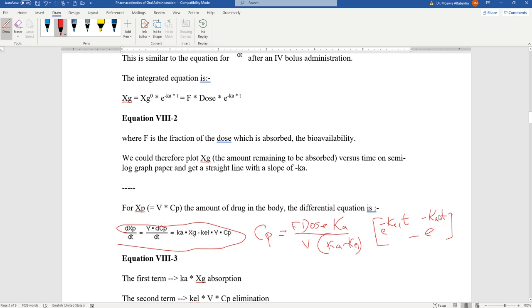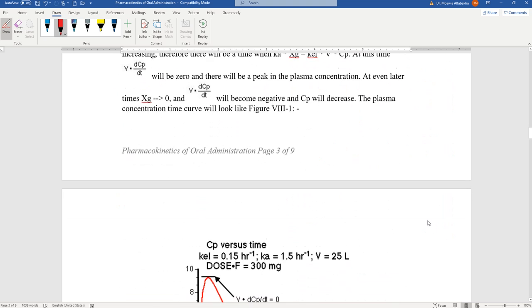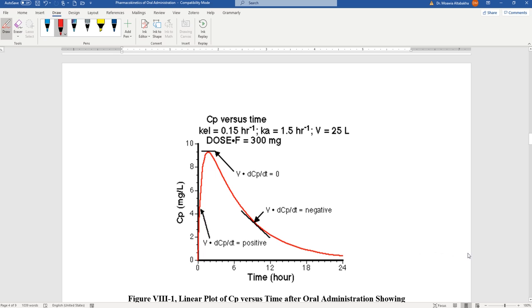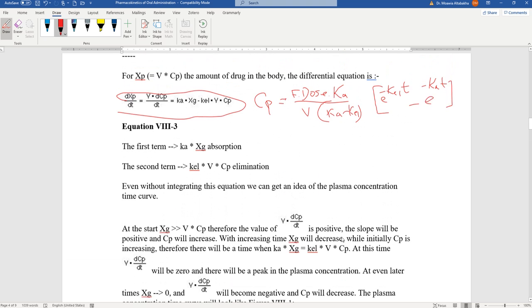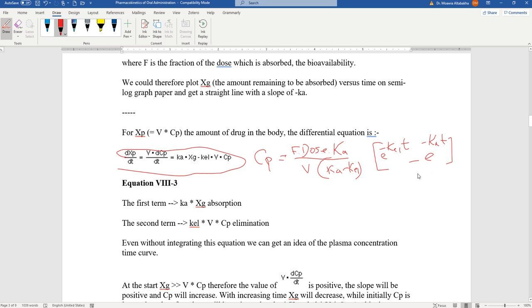Now the second extreme, which is time infinity. After a very, very long time, what do you expect to happen? You expect again the concentration to approach 0, to come close to 0. Theoretically it will never be exactly 0, but e to the power of minus a very large number, we can consider it as 0, because the time is infinity here.